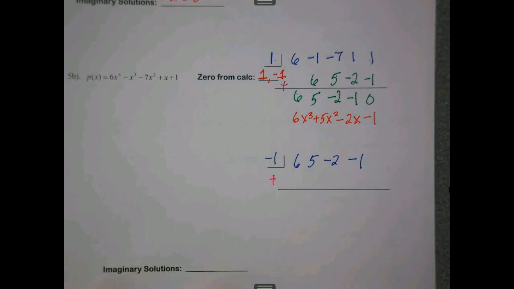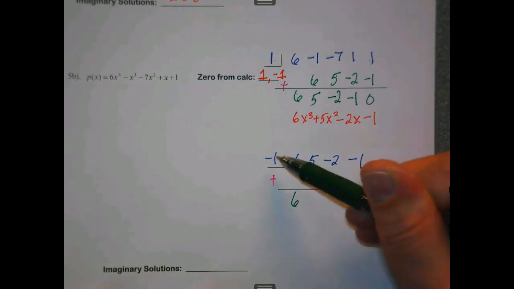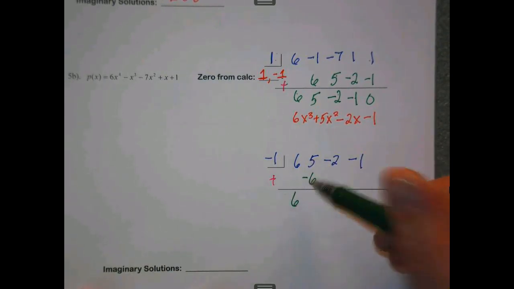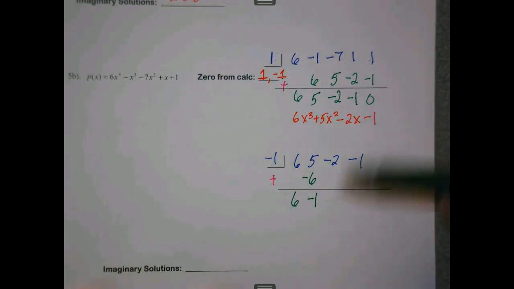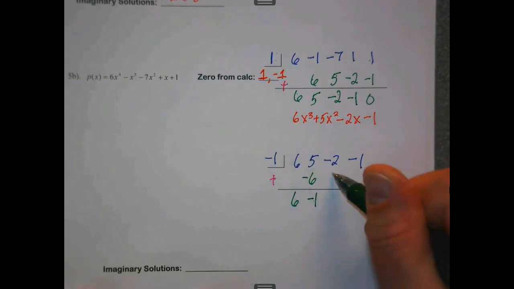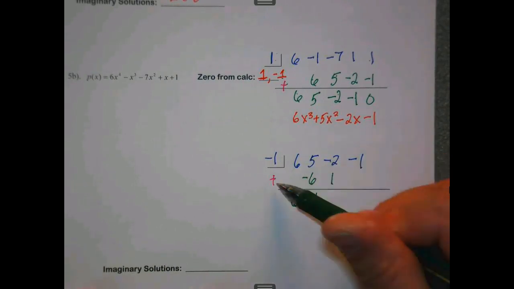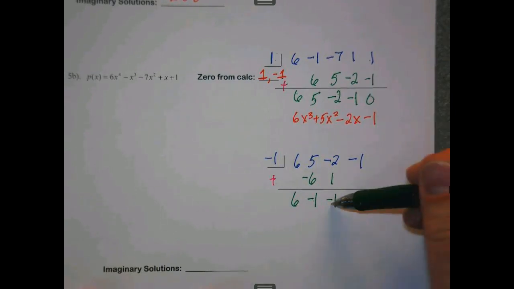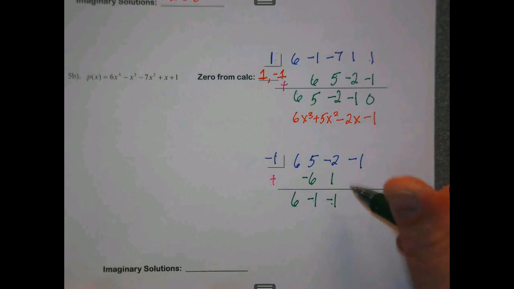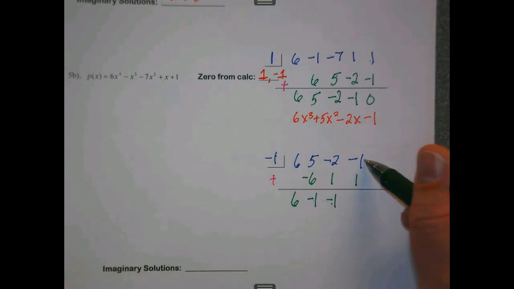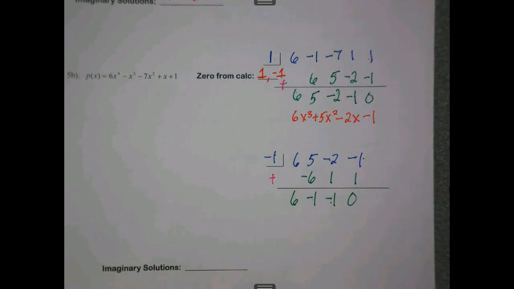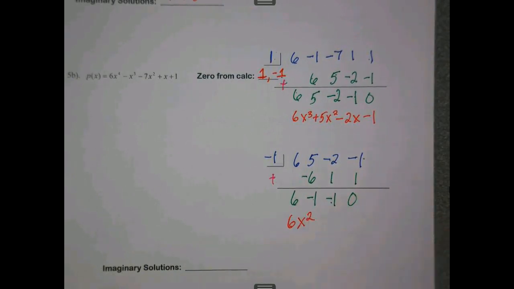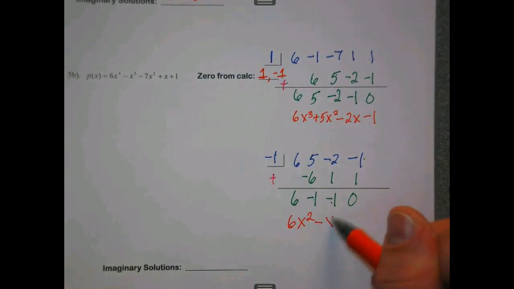Okay, bring down the 6. 6 times -1, -6. 5 plus -6, -1. -1 times -1 is +1. -2 plus +1 is a -1. -1 times -1 is +1. -1 plus 1, 0. So now I'm down to 6x squared minus x minus 1.